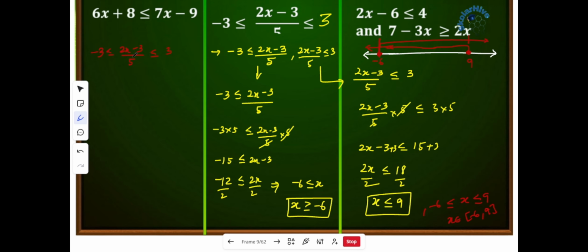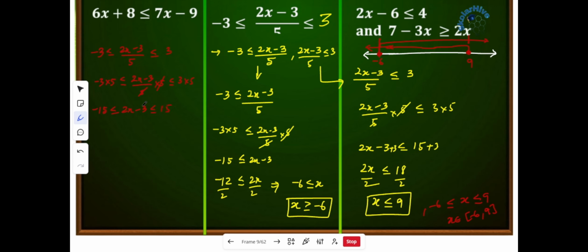We need to multiply either side of the inequality by 5. So minus 3 into 5 less than or equal to (2x minus 3) by 5 multiplied by 5 less than or equal to 3 into 5. As we multiply by a positive number, the inequality sign will not change. This eliminates 5. On the left side we are left with negative 15 less than or equal to 2x minus 3 less than or equal to 15.